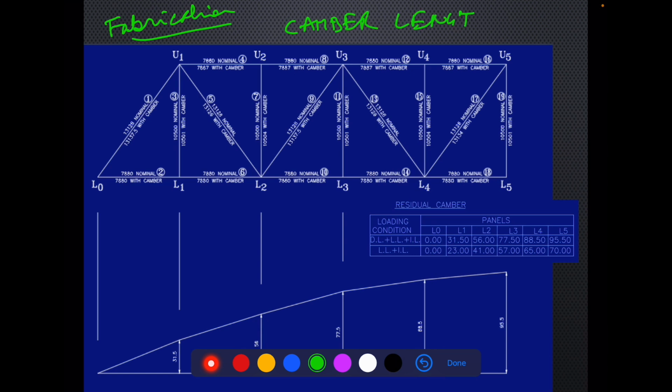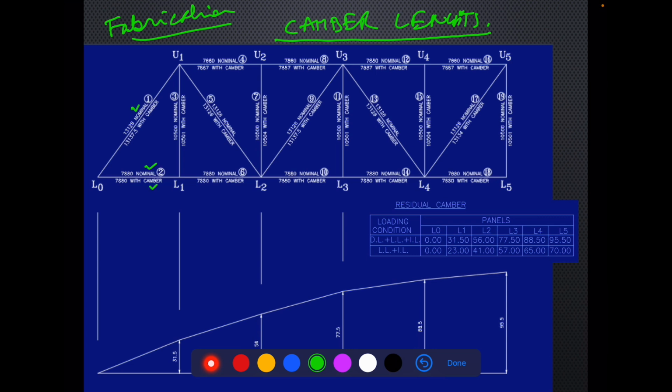As you can see, for each member there are two dimensions given: one is nominal and one is camber.